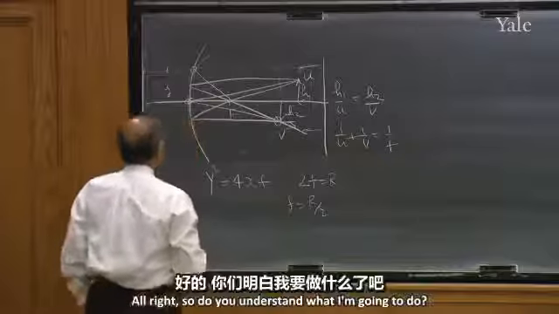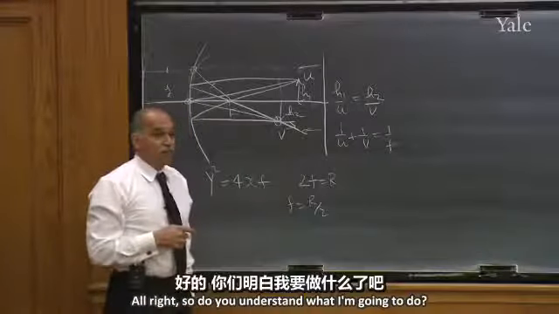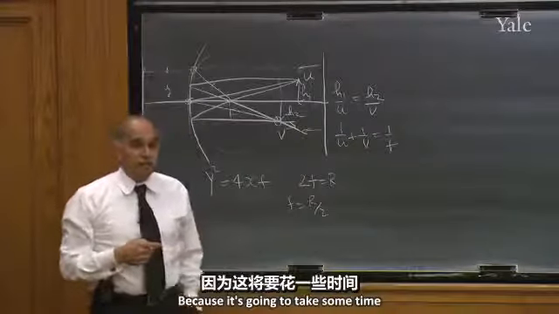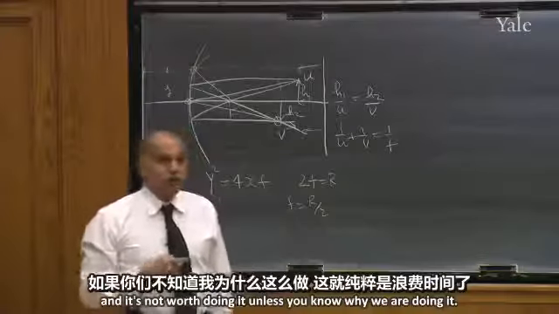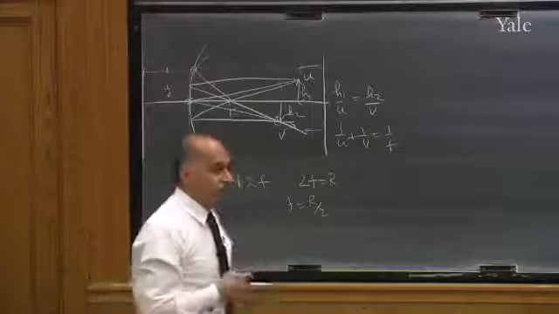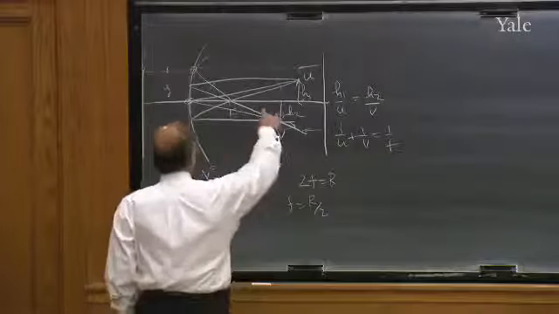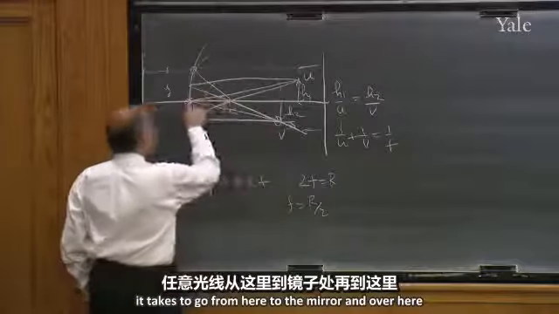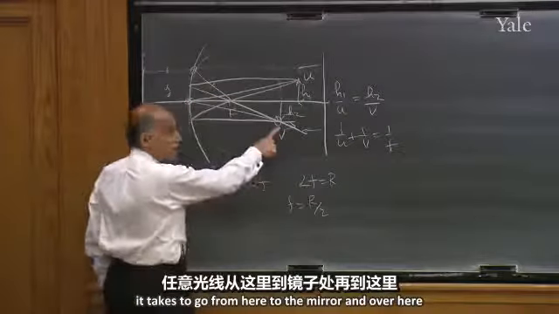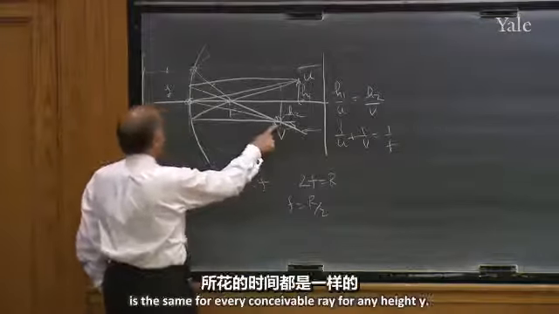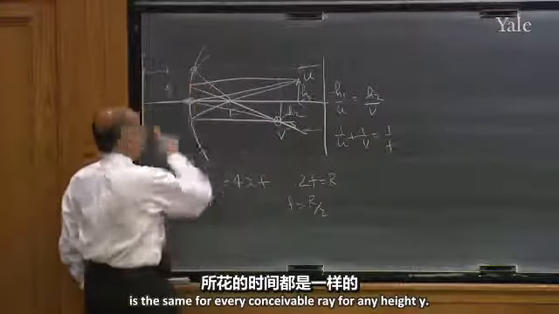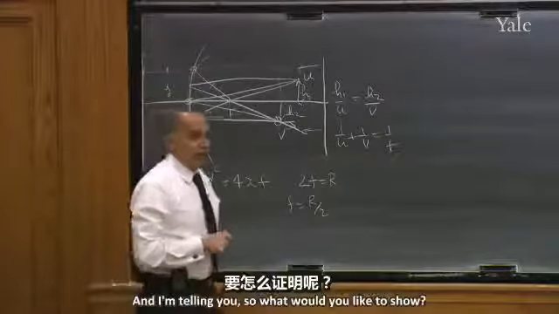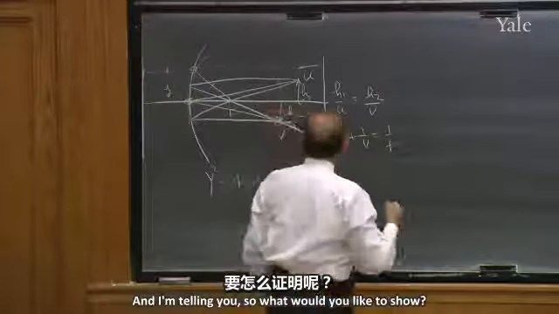All right, so do you understand what I'm going to do? Because it's going to take some time, and it's not worth doing it unless you know why we're doing it. We're trying to verify that the time it takes to go from here to the mirror and over here is the same for every conceivable ray for any height y. And what would you like to show?